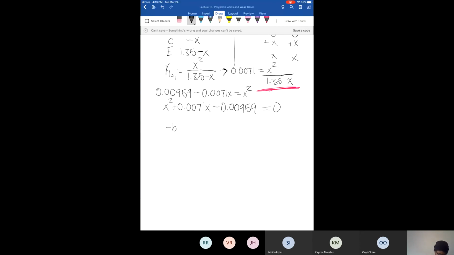The formula is negative b plus or minus the square root of b squared minus 4AC, over 2A. So negative 0.0071 plus or minus the square root of, and I'm going to write the whole term under the radical to save space and time, 0.038.